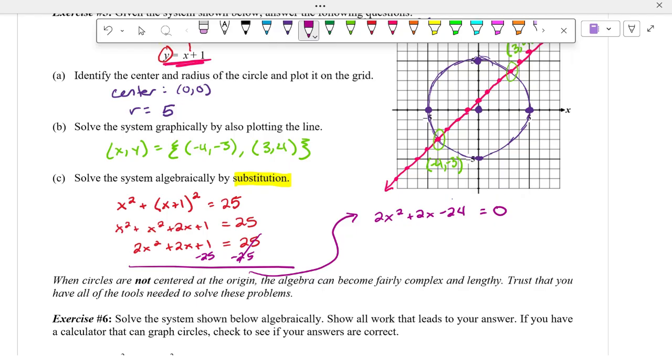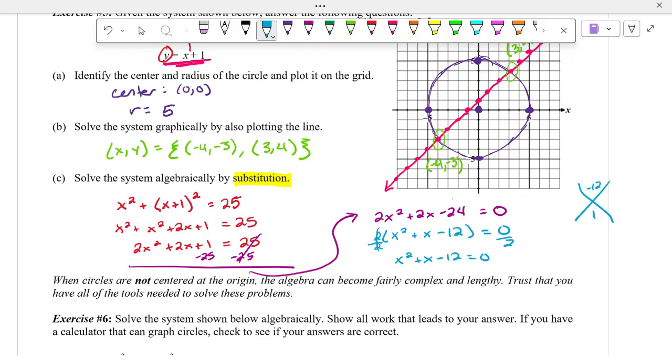So if we were to solve this by factoring, what would I have to do first? Factor out a GCF of 2. So if I take that 2 out, I get x squared plus x minus 12 is equal to 0. And then remember, if we divide the 2 out, we can get rid of it because it doesn't have a variable in it. If I did a quick big X, this would be negative 12 and 1.